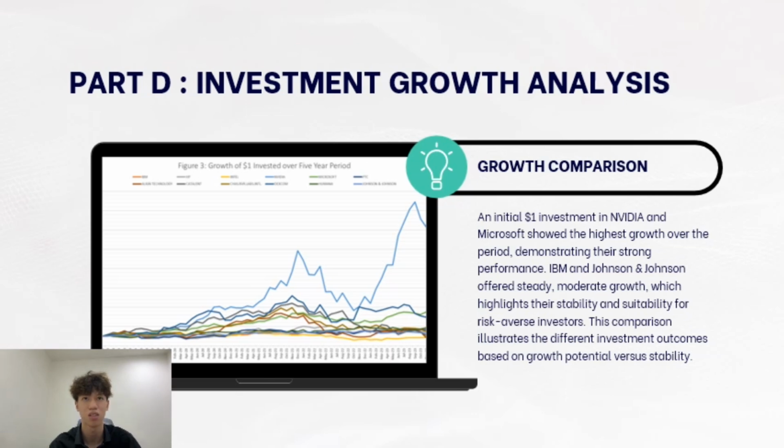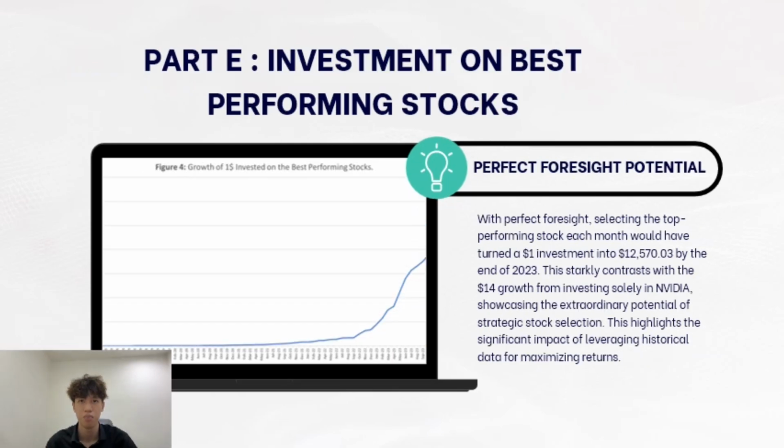In contrast, IBM and Johnson & Johnson provided stable, moderate growth, which is appealing to investors who prefer lower risk. This analysis helps illustrate the trade-off between high return and stability, guiding investors in balancing growth potential with risk.